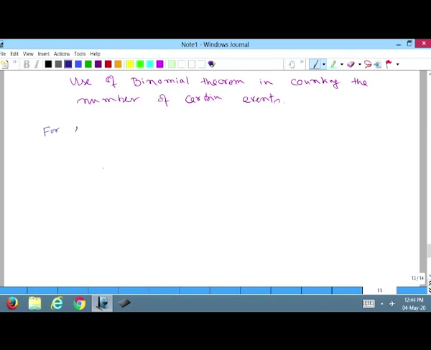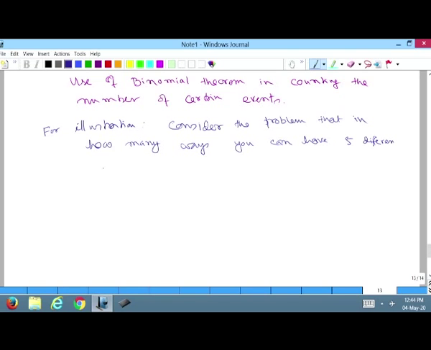For illustration, consider the problem that in how many ways you can have five different positive integers n1, n2, n3, n4 and n5 such that sigma ni, i is equal to 1 to 5, is equal to 20.